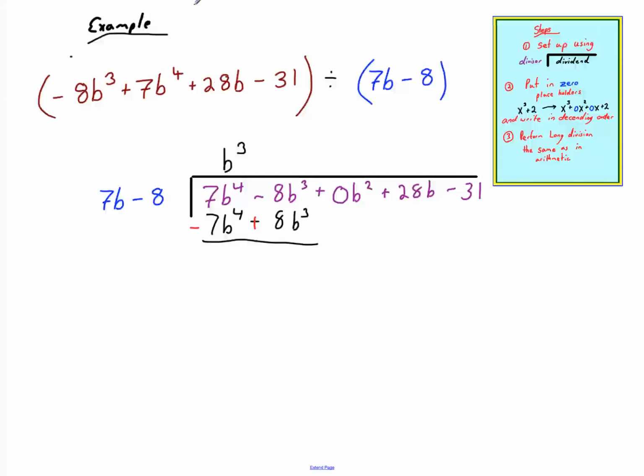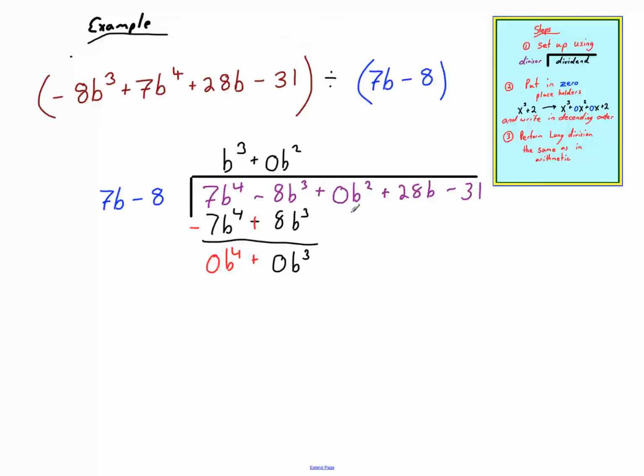So that's like adding. When you subtract a negative, this becomes a positive. So when we go through here, we get 0b to the 4th and plus 0b cubed. And let's go through all the steps as a formality. So how many times does b go into 0b cubed? And that's plus 0b squared, and I'm just putting the 0 in as a placeholder.